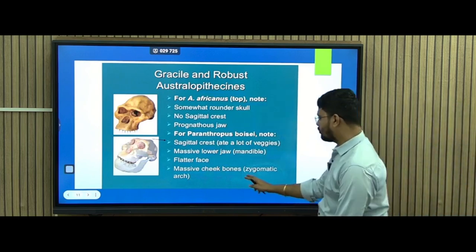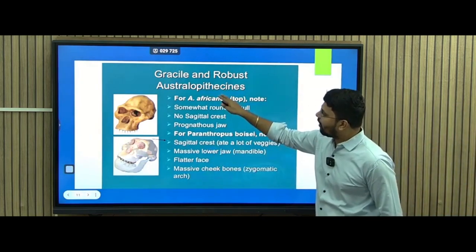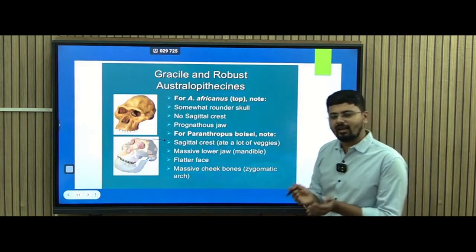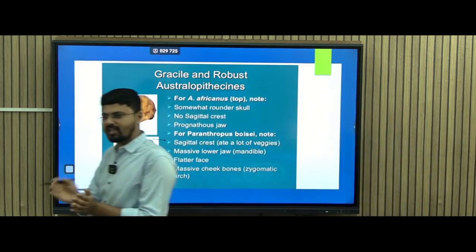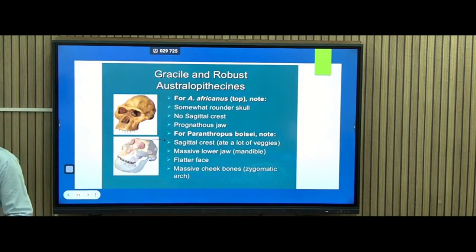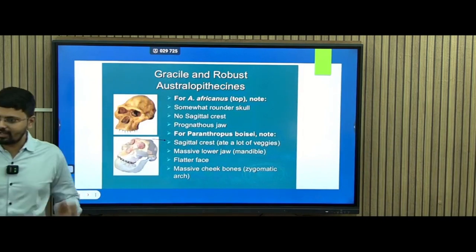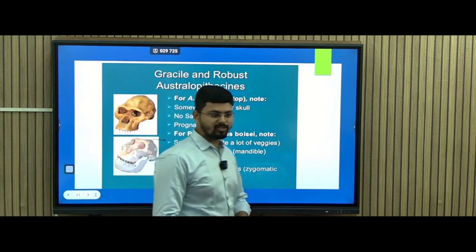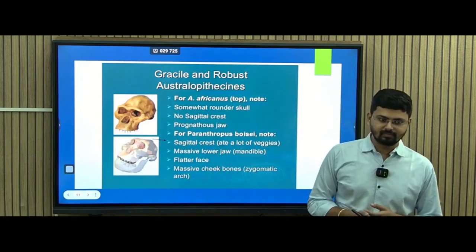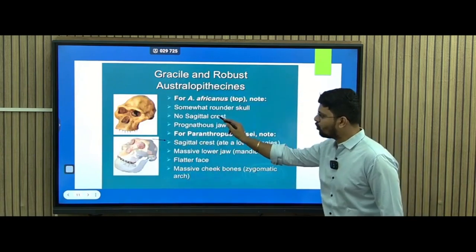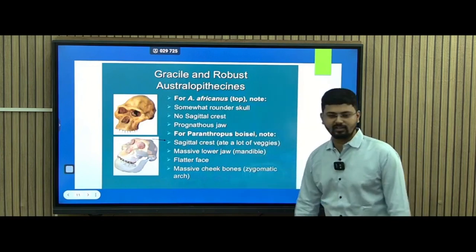Right? From this, it should be clear that in gracile and robustus, gracile means it is smooth, slender compared to robustus. Robustus means stocky. So here you can see that there is no sagittal crest, and here there is sagittal crest.